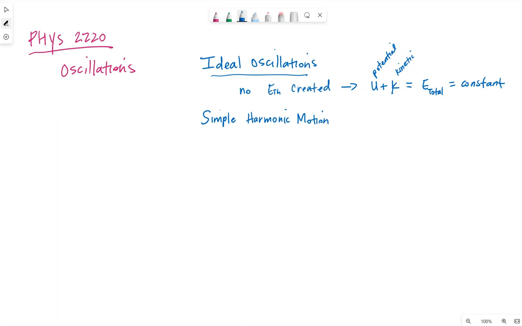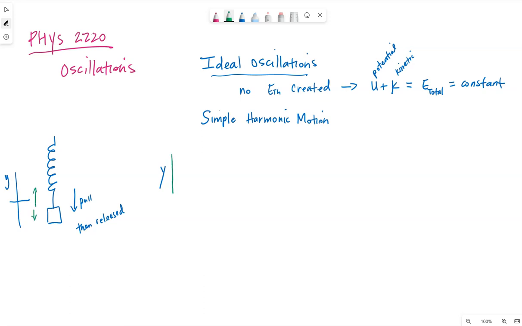Now, if we were to graph the motion, for example, that one situation where we had the mass in the simulation, I had pulled it downwards and then released it. We could graph the motion, this Y motion up and down. So the mass started oscillating up and down.